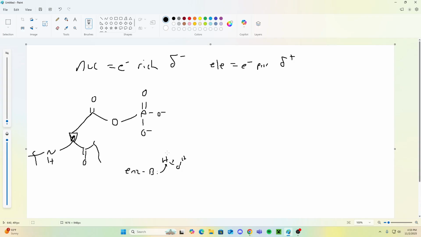But the main issue with this is it's very nucleophilic. And this is a little electrophilic, but because this R group is very nucleophilic in general.